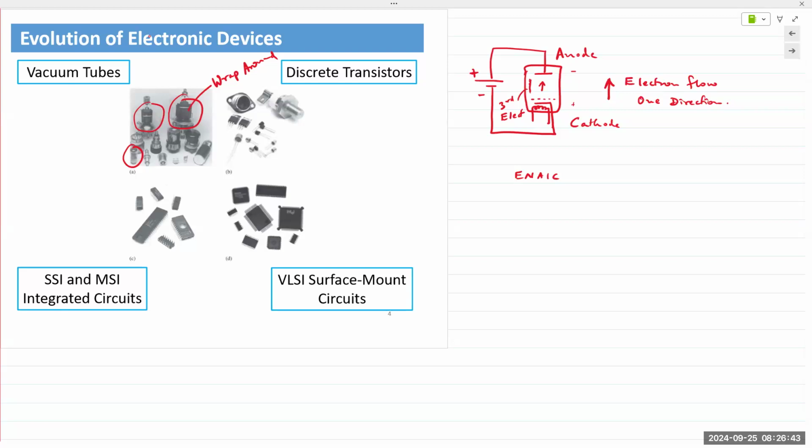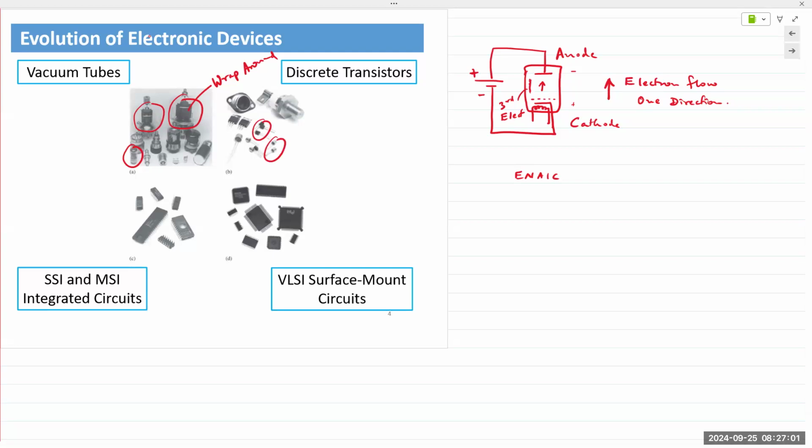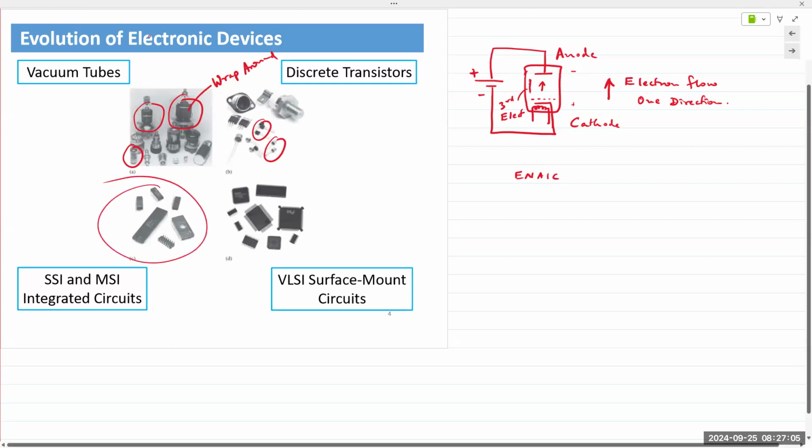From vacuum tubes, we went to discrete devices, discrete transistors, which in lab 346, you will be working with. They look like these: metal can package and epoxy packaging. You'll have both in your lab kits. From there, we went to integrated circuits, and then, of course, modern day surface mount devices.